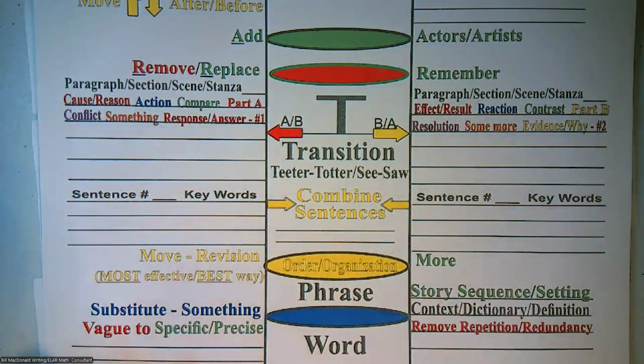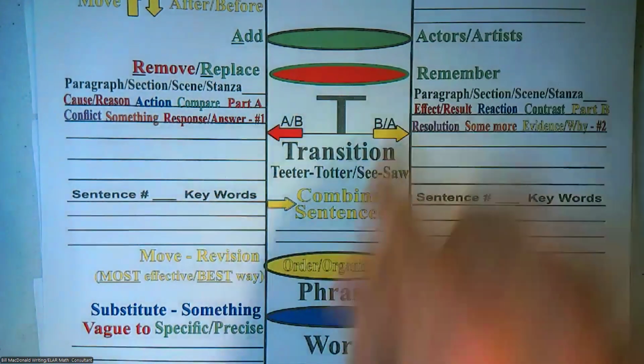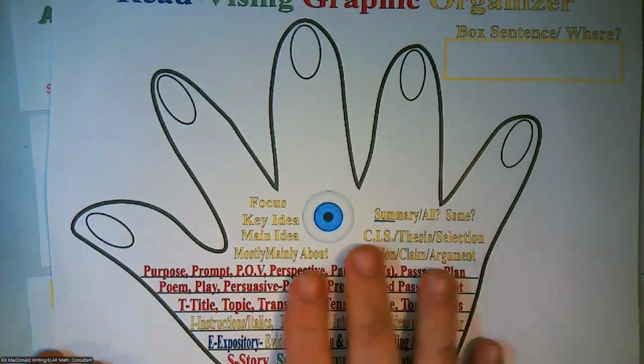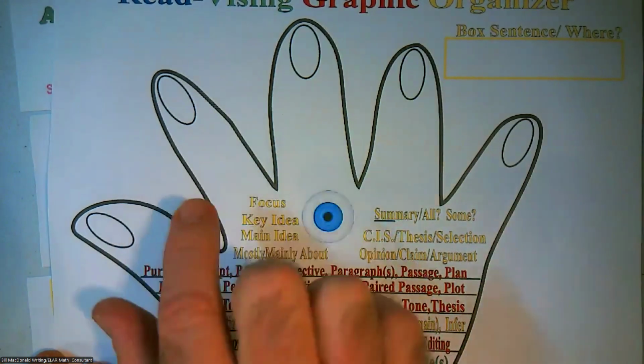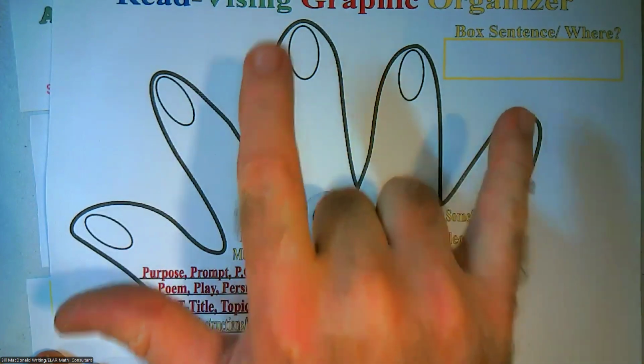Revising is improving the content by adding, removing, replacing, or moving something, a sentence inside one piece of selection. This could be a paragraph. This could be the introduction, a body, and a conclusion.